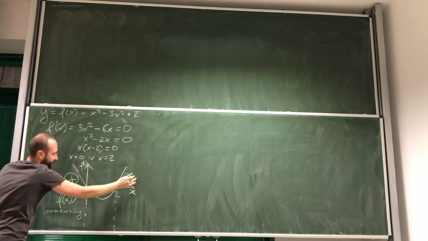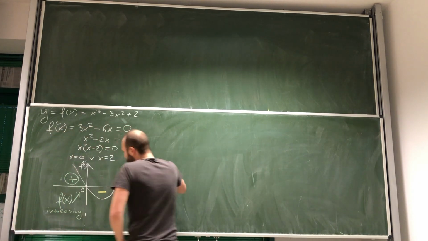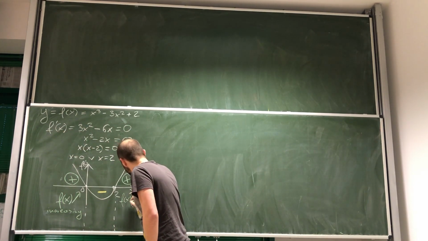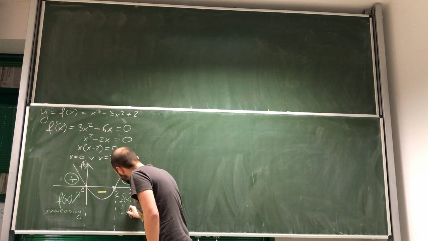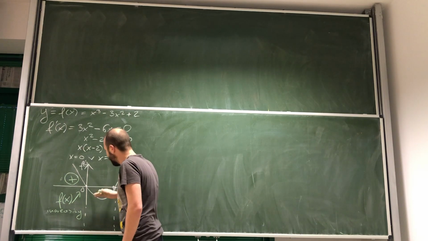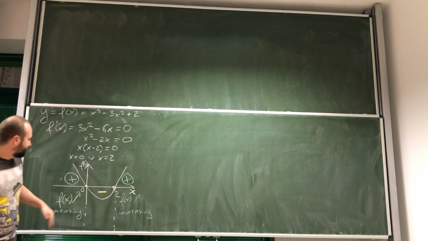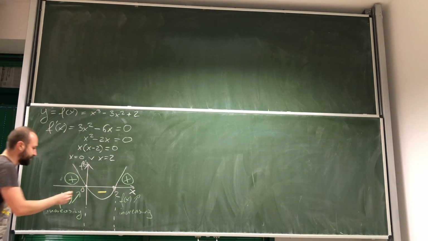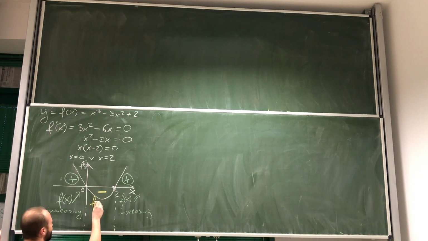Over here, the derivative is also positive, which means that our function here is also increasing. Over here, the derivative is negative, which means that our function over here is decreasing.